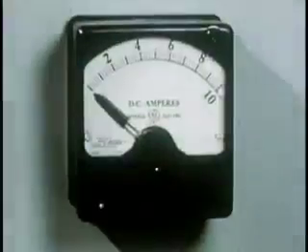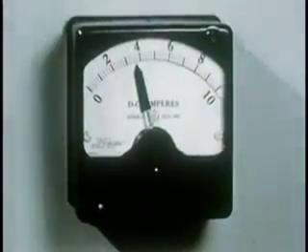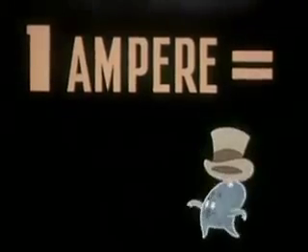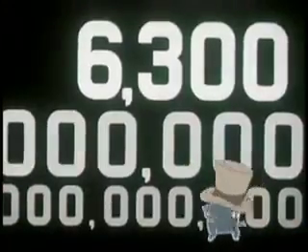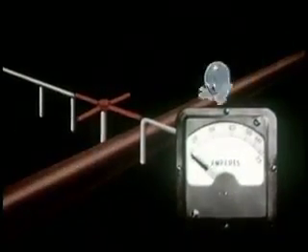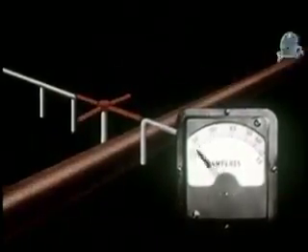The unit of electric current is the ampere. 1 amp, now hold on to your hat, 6,300,000,000,000,000,000 electrons passing any given point in 1 second. Current, or amperage, then is the number of electrons that pass a given point in a given time.